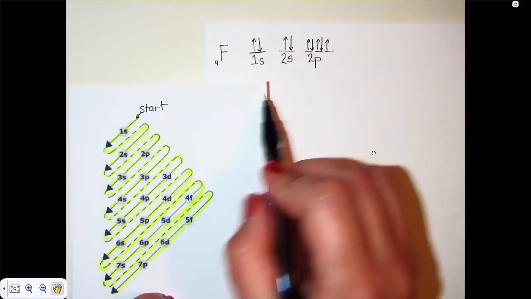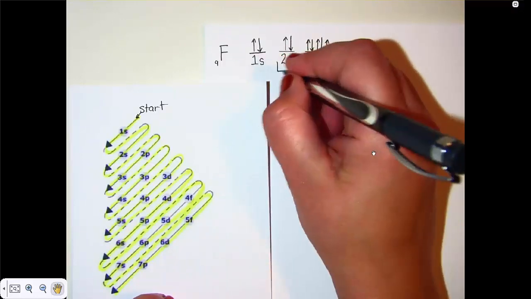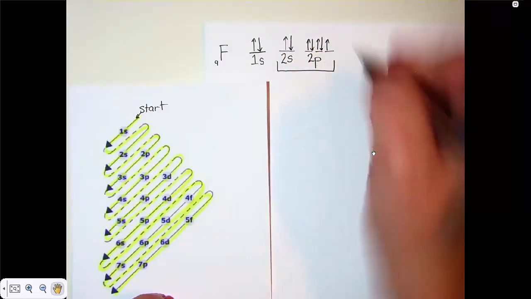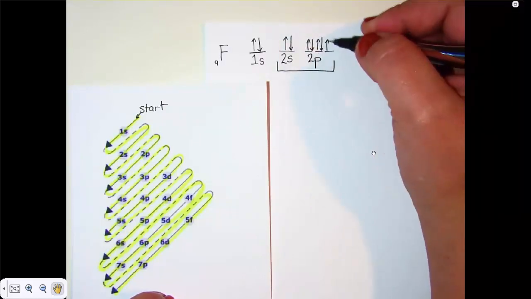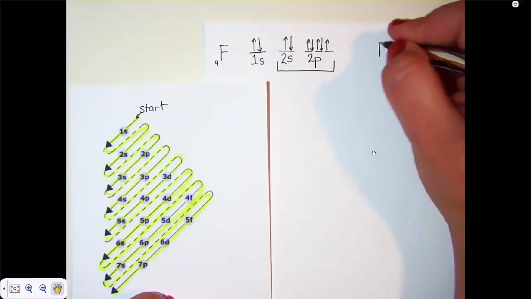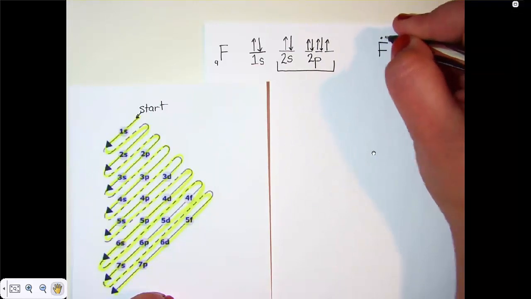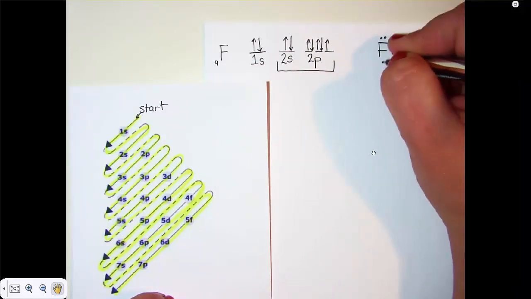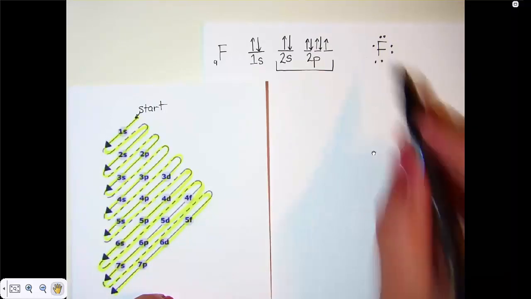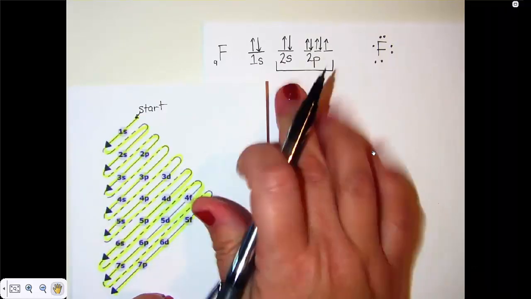So the second energy level are the electrons with the 2 in front of the sublevel. So we have 7 valence electrons for this one. So if you were to use this to draw a Lewis dot structure, it would be F, and there's your 1 by itself. Okay? This is the orbital notation.